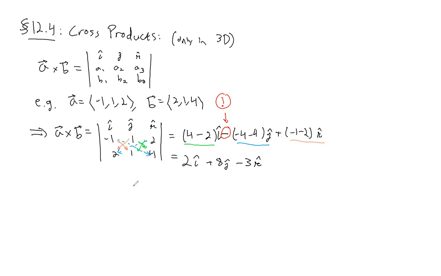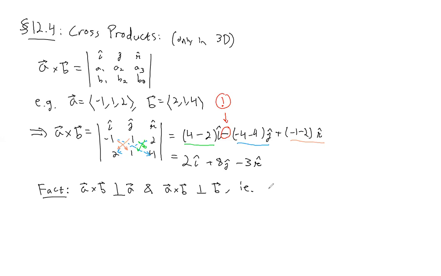By the way, what's an important property of cross products? The most important property of cross products, the whole purpose behind these things, is that A cross B is orthogonal to A, and also A cross B is orthogonal to B. I should have mentioned this before.